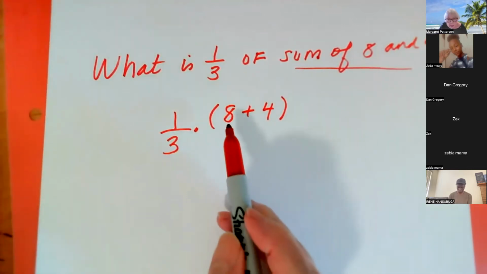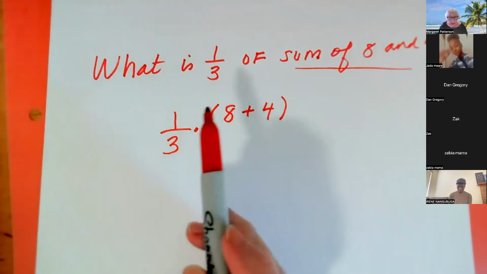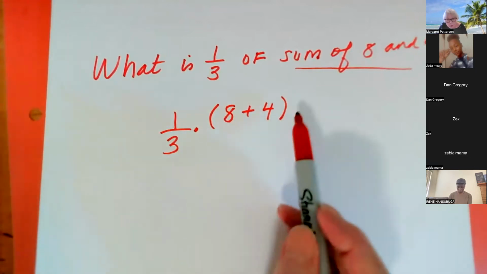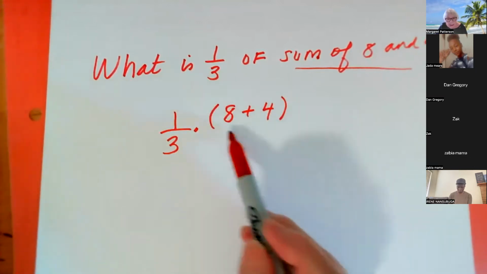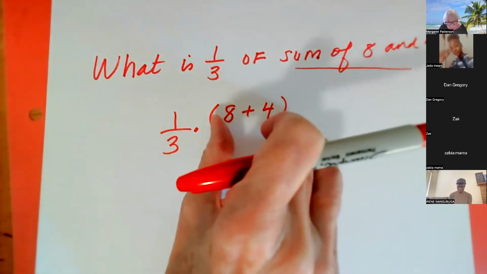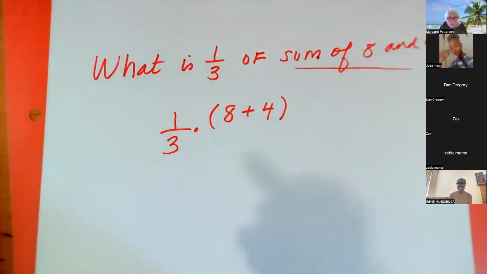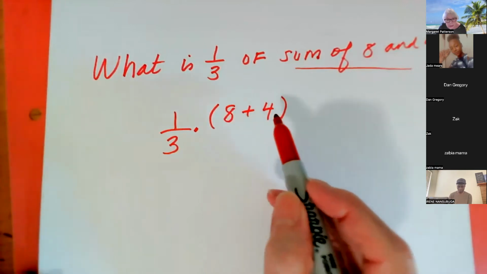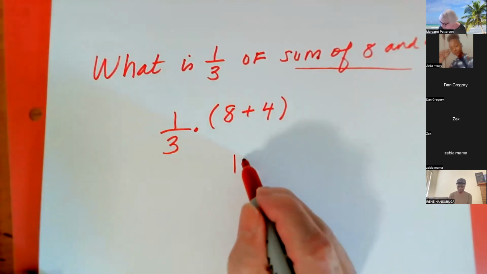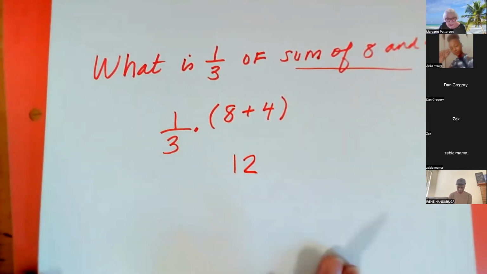Now, the reason I put this in parentheses is, in order to get a third of this whole thing, I need to put it in parentheses so I get the sum. So when you were forced to do this, 8 plus 4 would be 12. That's the sum.